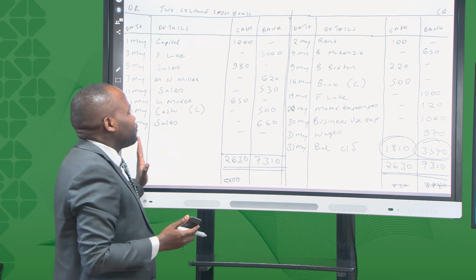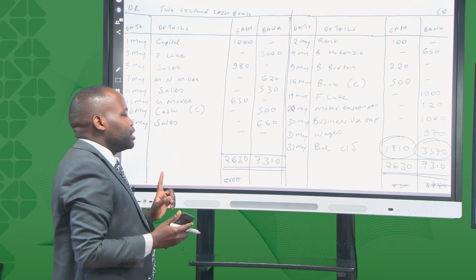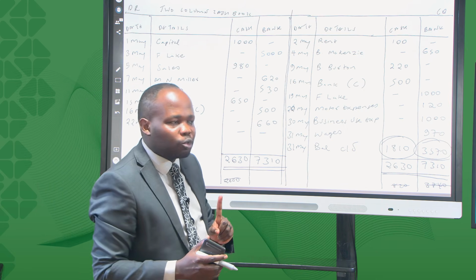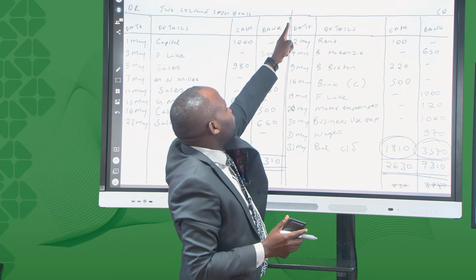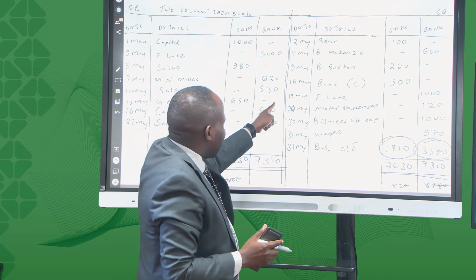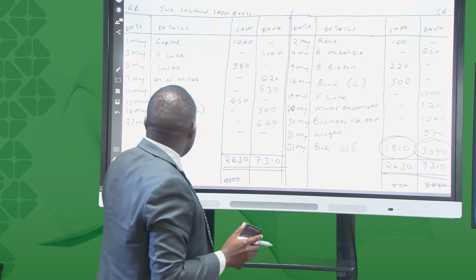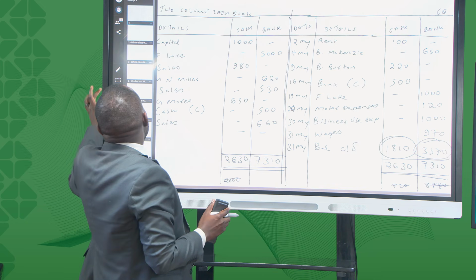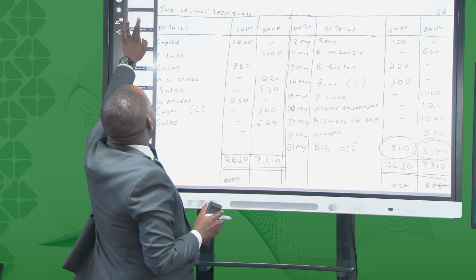What did we say is the difference between a 2-column cash book and a 3-column cash book? In a 3-column cash book, we are adding one extra column after the bank, which is discounts.